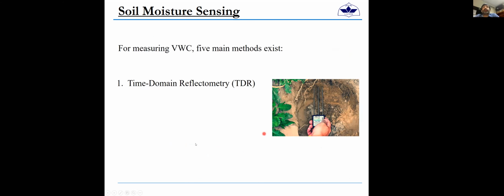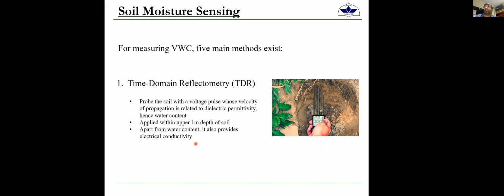Okay, so in order to measure volumetric water content, we have 5 different techniques or methods. The first one is a very classical one, we call it time domain reflectometry. The device is something like this. You have 3 pins. Using these 3 pins, you put in a voltage pulse. I hope everyone knows what a voltage signal is.